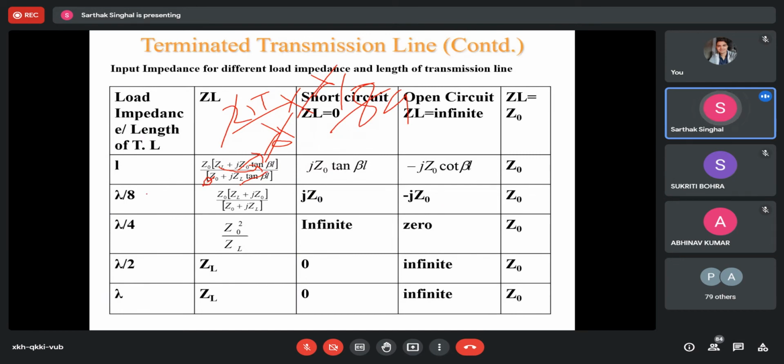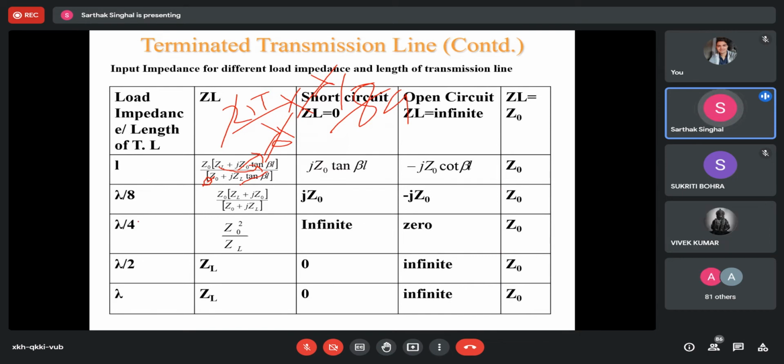So in both cases, for a lambda by 8 line, you will be left with the reactive impedance for the transmission line, both in open circuit and short circuit. And in case of characteristic impedance termination, the input impedance will always be equal to the characteristic impedance. So I'm not going to discuss that again.